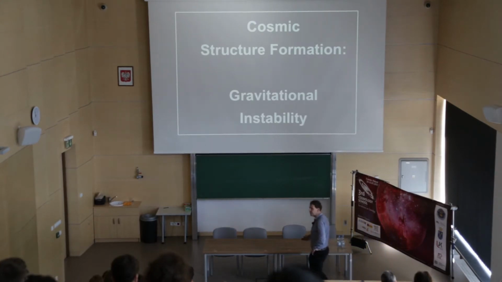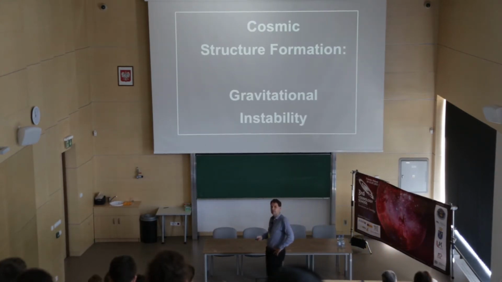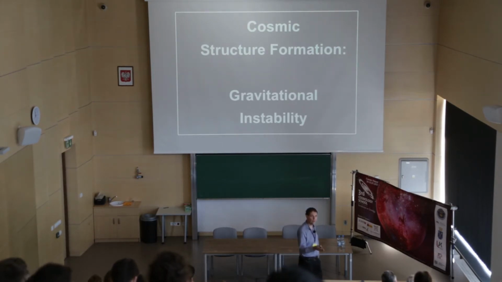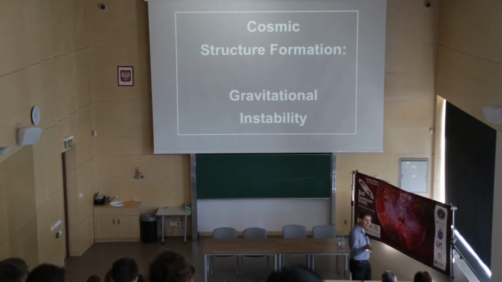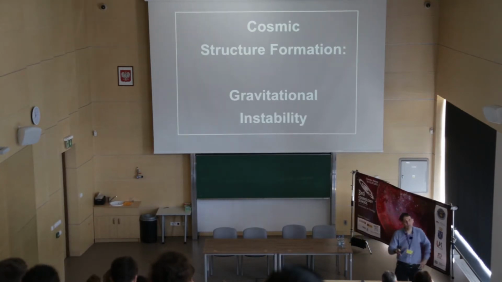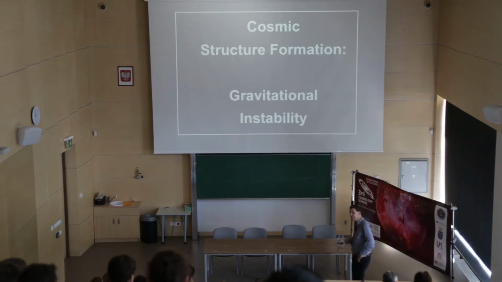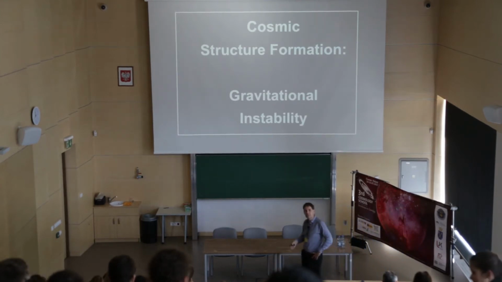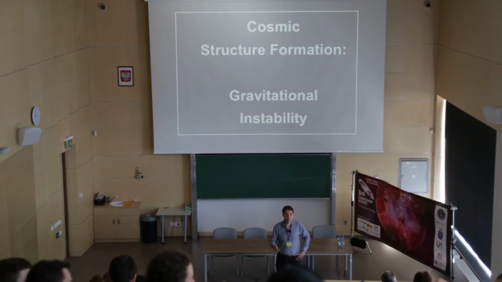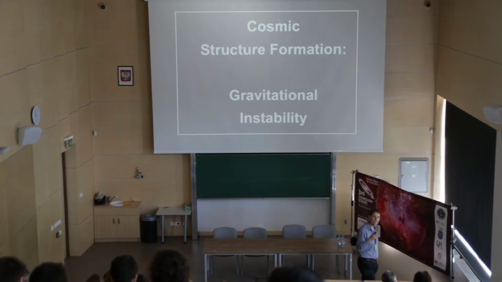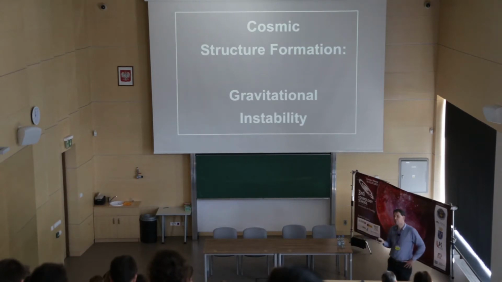The first stage is the basic idea behind the formation of structure in the universe. We all know that structure in the universe was hardly present 380,000 years after the Big Bang, at the epoch of recombination, when the cosmic microwave background satellites and experiments looked out in the sky.